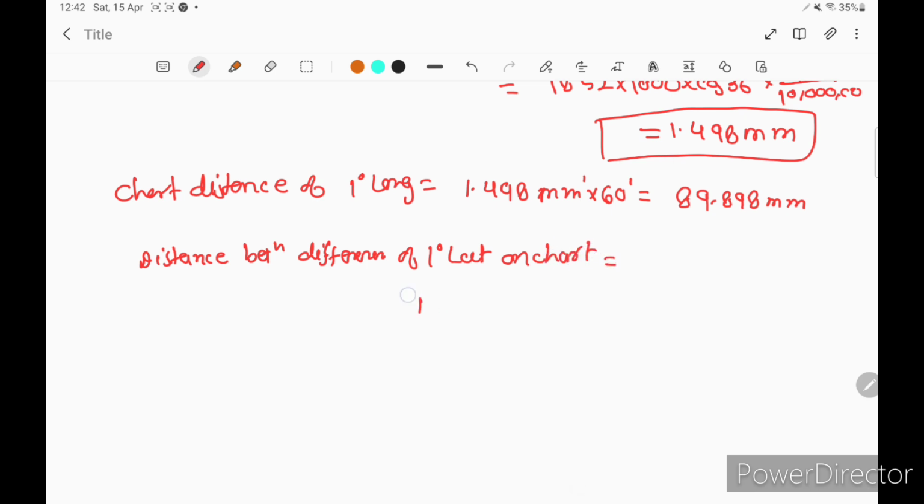So we have the formula: DMP, difference in meridional parts, for 1 degree into chart distance of 1 minute longitude.